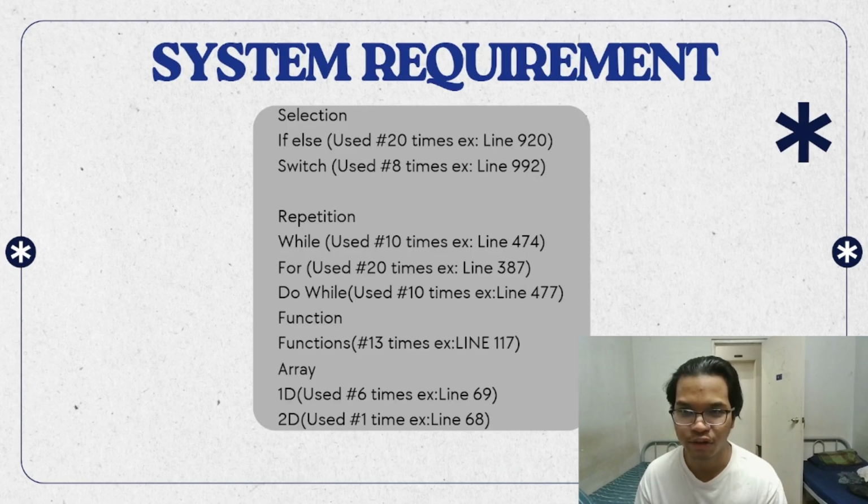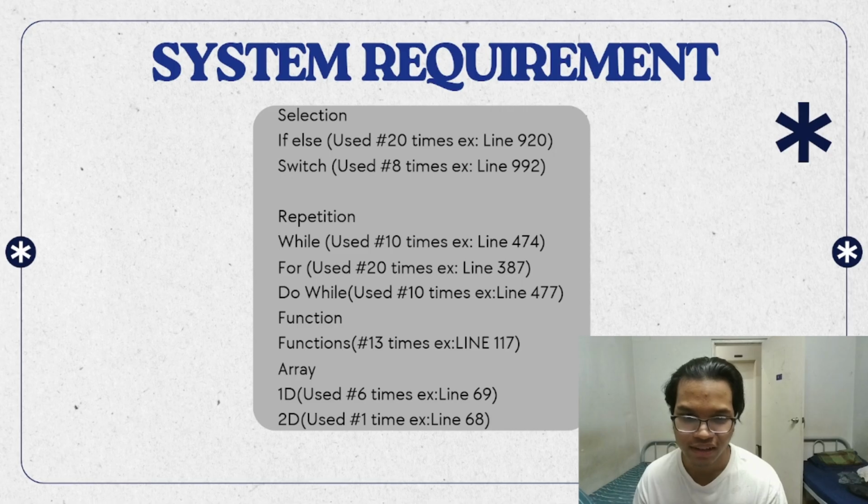Next, these are the requirements to make sure the system runs smoothly. First, for selection, we inserted if else, used 20 times, for example at line 920. Then we inserted switch, used 8 times, for example at line 992. Then for repetition, we inserted while, used 10 times, for example at line 474.